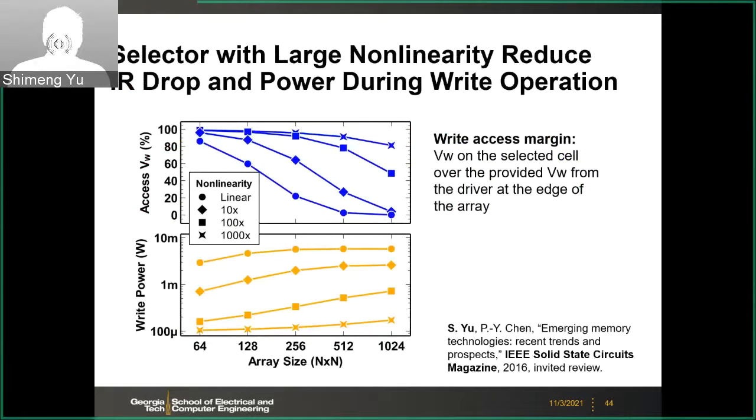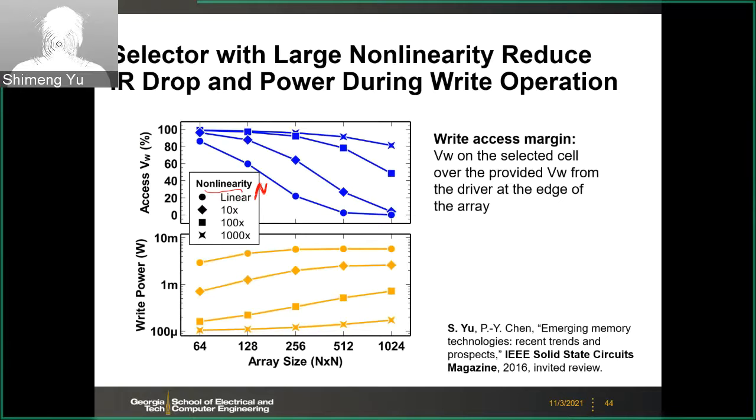So here I just show the simulation results using the SPICE simulator. You can build the netlist for different array sizes, from 64 by 64 up to 1000 by 1000. And here what we vary is the nonlinearity ratio N of the selector.